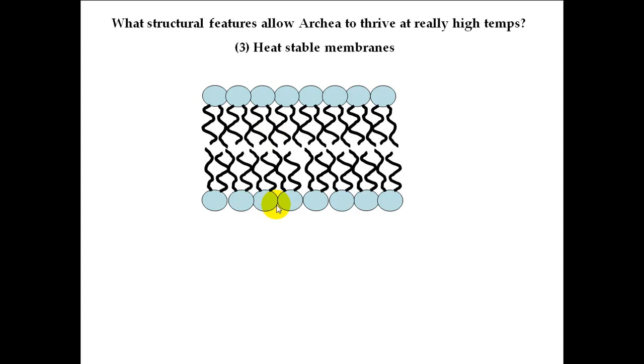That's what causes the tails to flip inwards, out of contact with the water, and the heads to be in contact with the water in the cell's environment or the water in the cytoplasm of the cell.